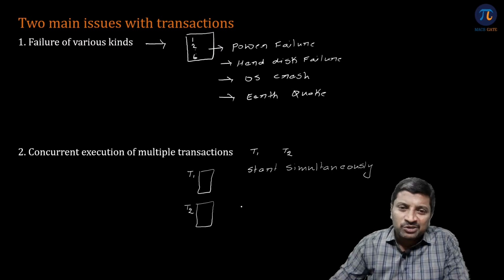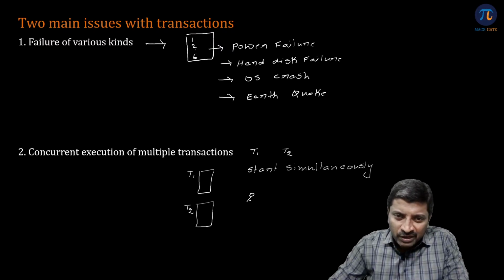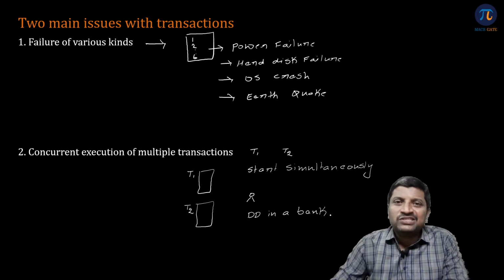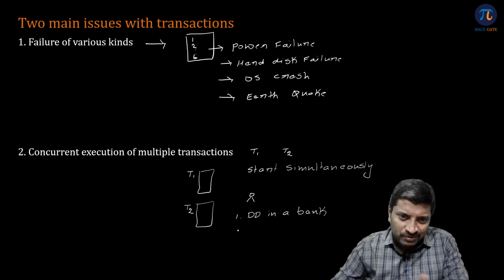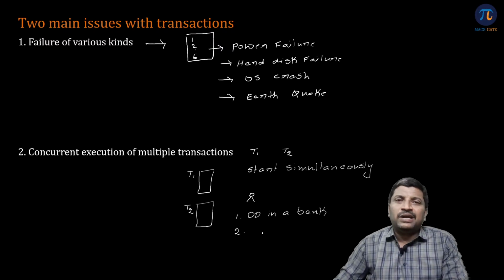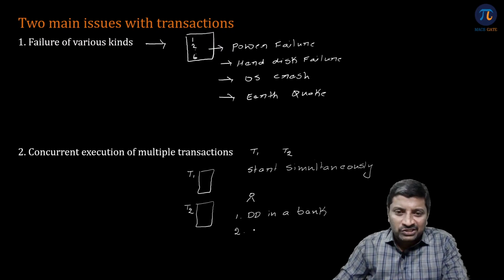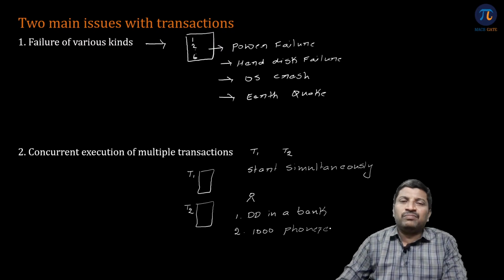Let me give one small example. A person wants to take a DD in a bank. This is a real-time example, not with a database. At the same time, he wants to do one more transaction, some 1,000 rupees PhonePe transfer.